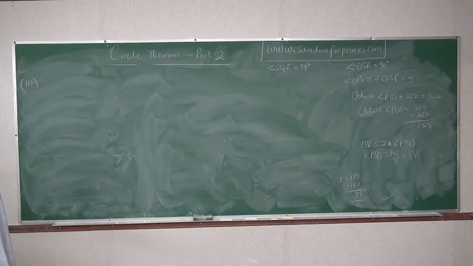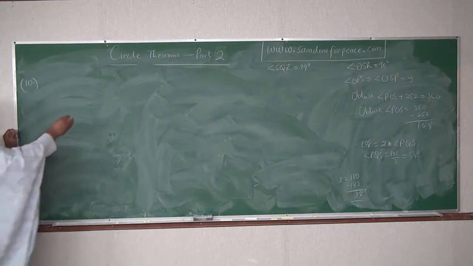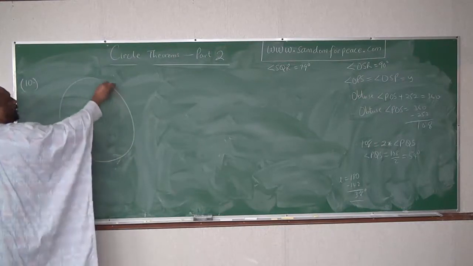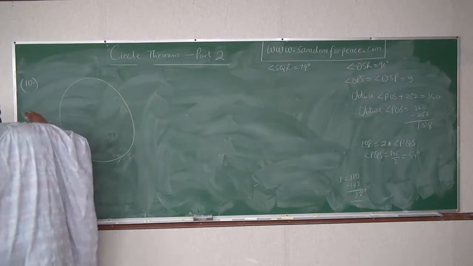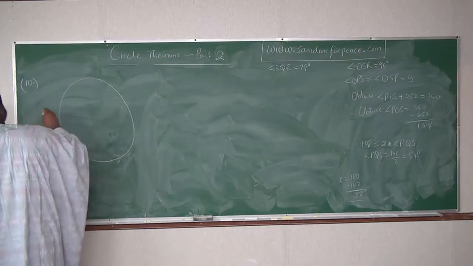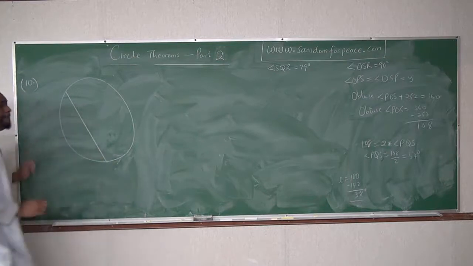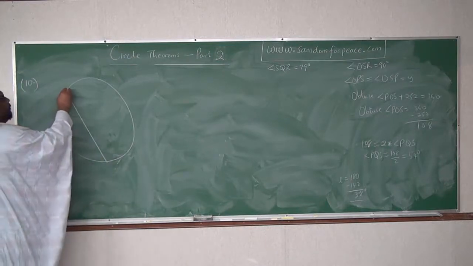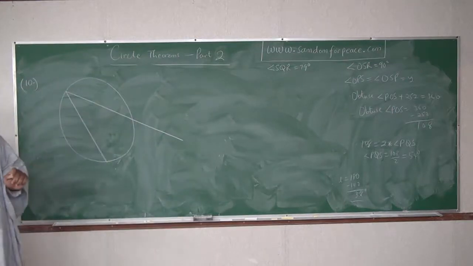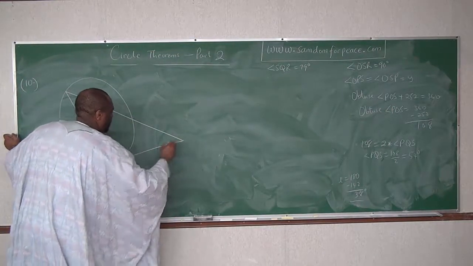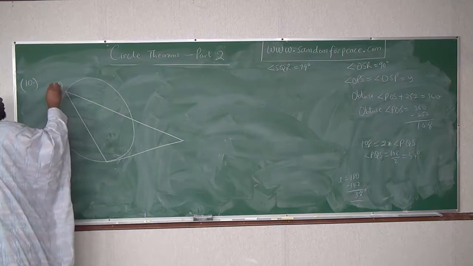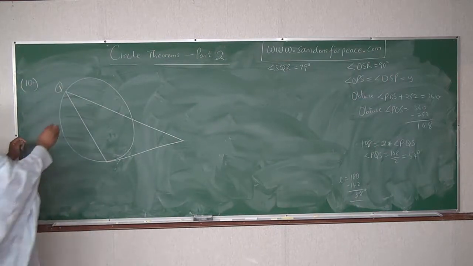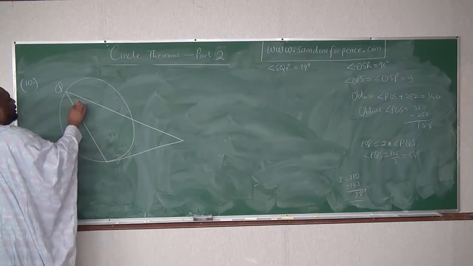Okay, question 10, we have this circle. We have a card here, another card here. This is 30 degrees.